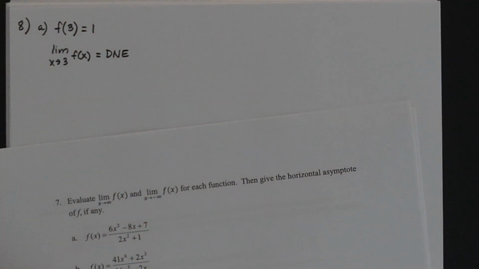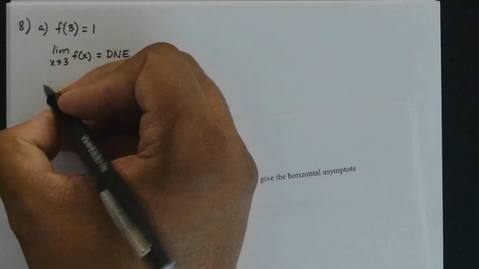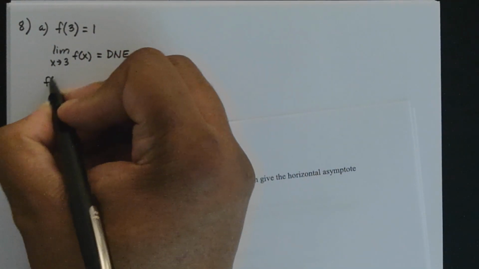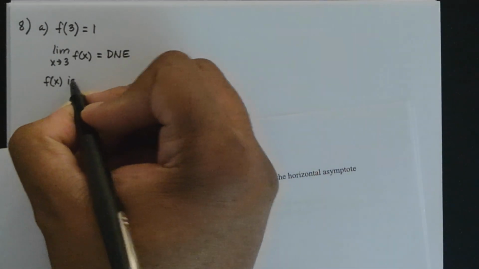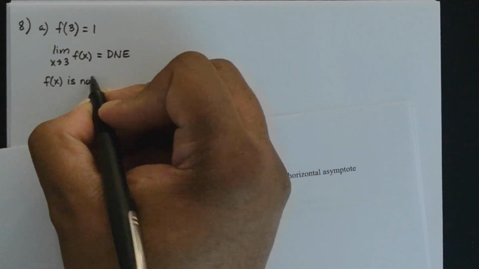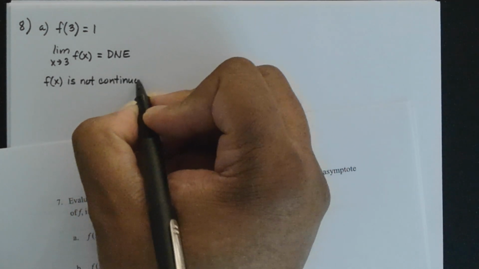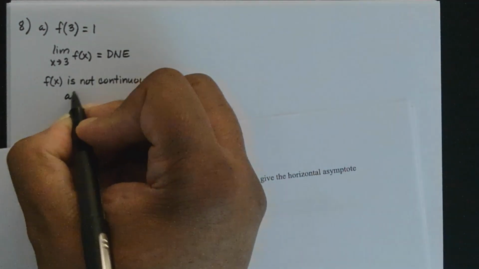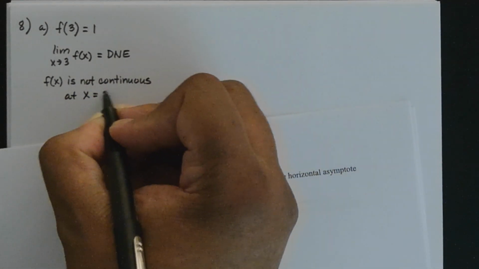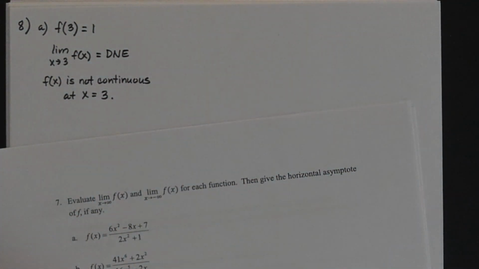And we can end this problem right here. Because if it fails one of those three different rules, then that means that the function is not continuous at that value. So here, your function f of x is not continuous at x equals 3.